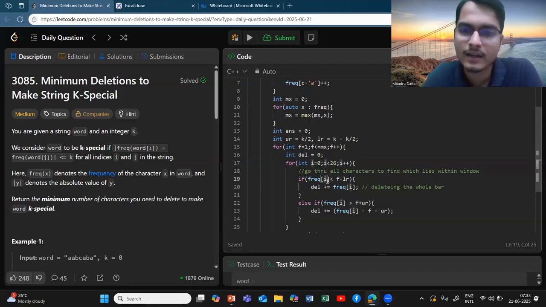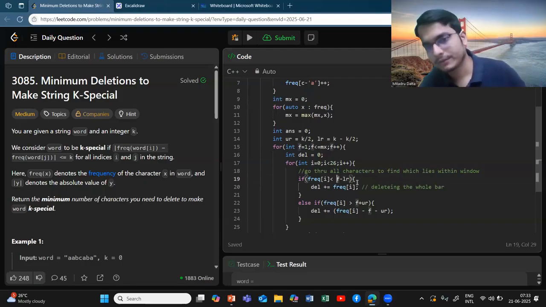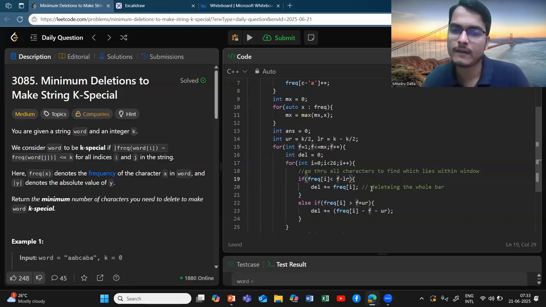Yeah, the ith frequency of the character. If it is less than f minus lower limit, if it's even less than this frequency, just delete the whole thing. And if the frequency of I is greater than f plus upper limit, then you just delete the particular extra part only.